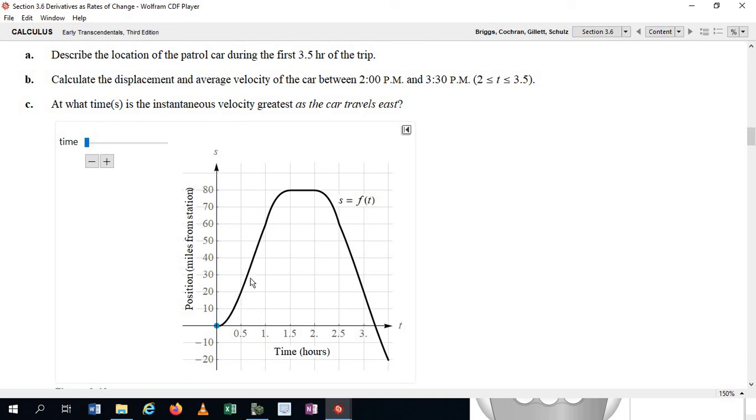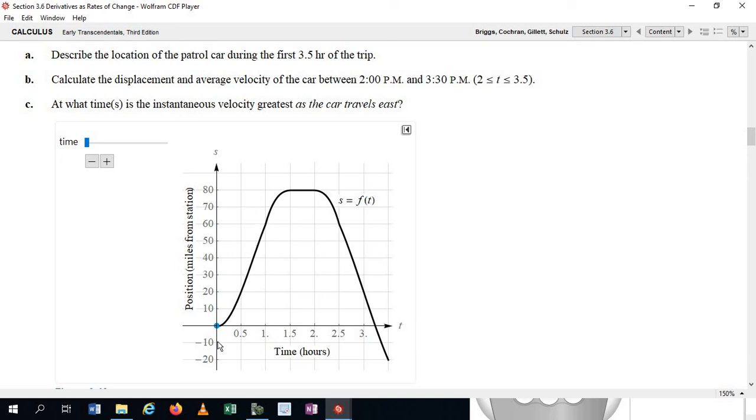The slopes of the tangent lines at the points in here all appear to be about the same. And then as you get to this point, the slopes of the tangent lines begin to level off and head towards zero. So I think the greatest is somewhere in here.